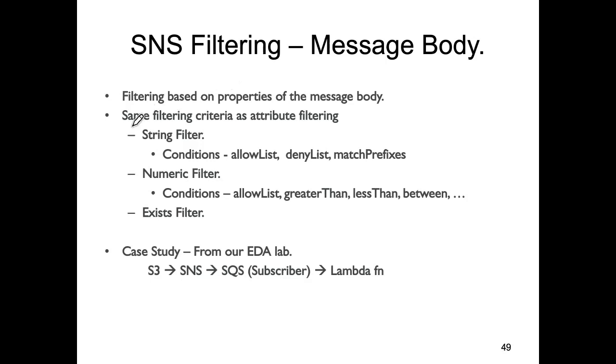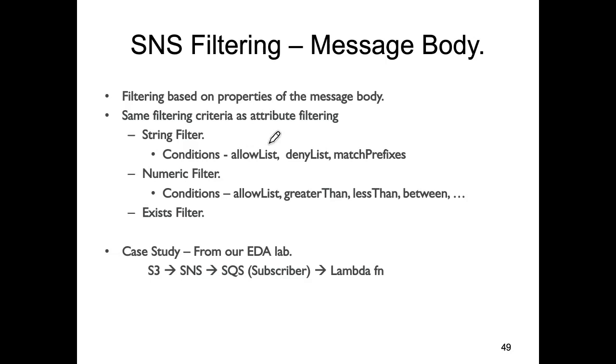And the types of filters is the exact same as the types of filters we saw with attribute-based filtering. In other words, you can specify a string filter. You'd use a string filter if the value of a particular body property was a string, and you wanted to express the filtering. The condition might be expressed as an allow list. In other words, you're allowing certain messages where that property's value is one of a set of values.